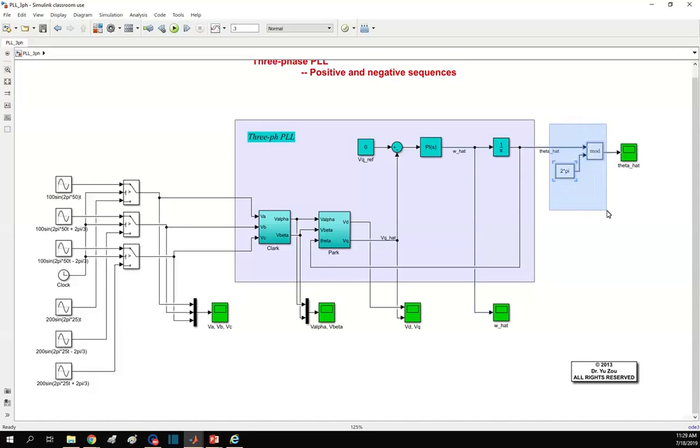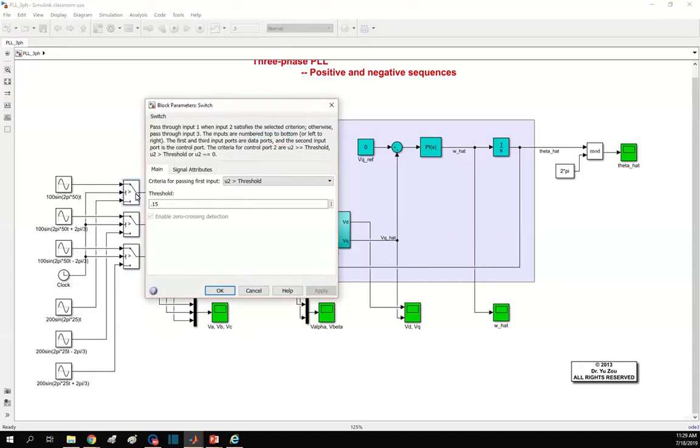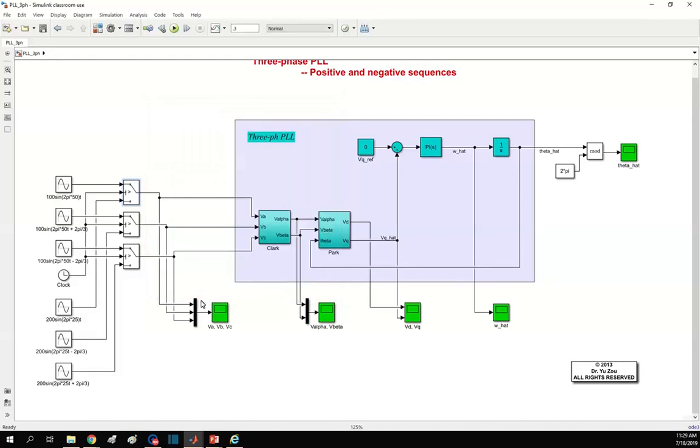Still applying this mod to observe the sawtooth-like periodic waveform. On the input side, three phase of course, and by using the switch, I'm introducing again the dynamics at a certain moment, which is 0.15 second here.